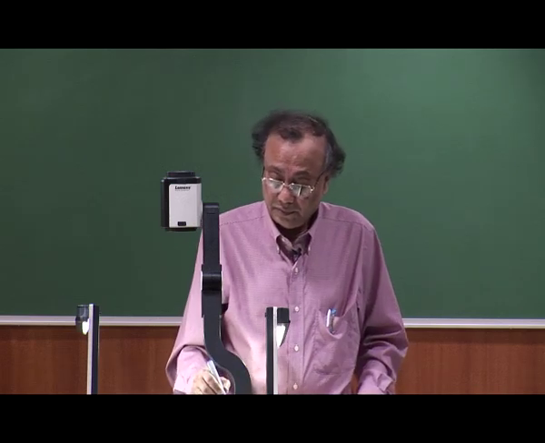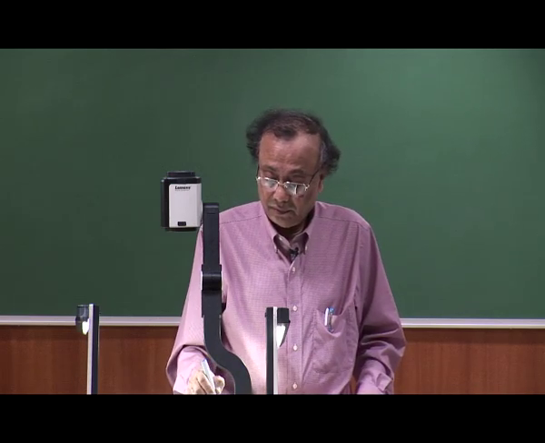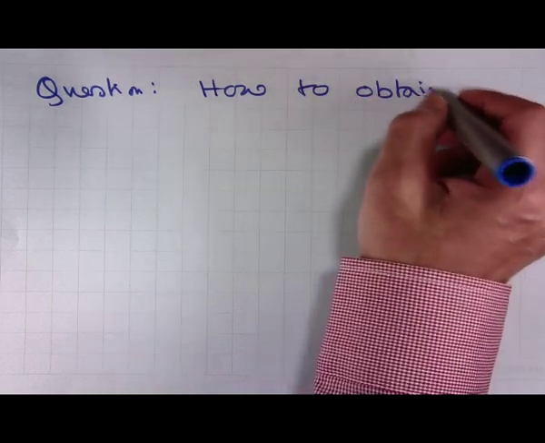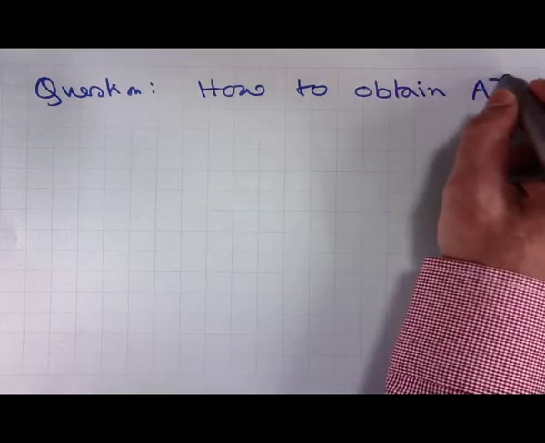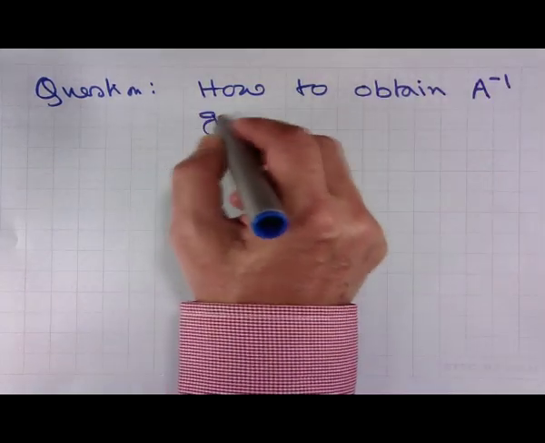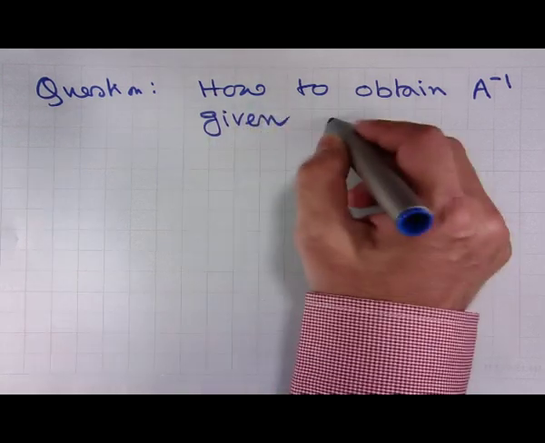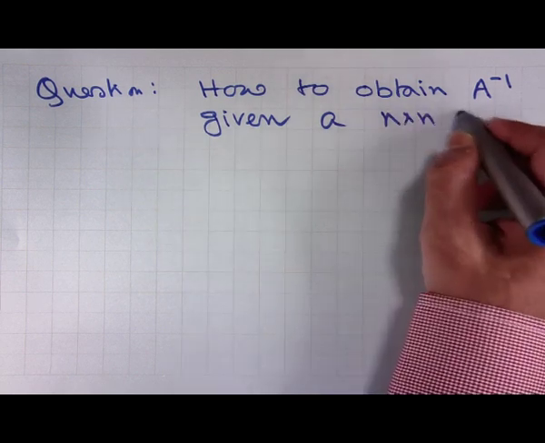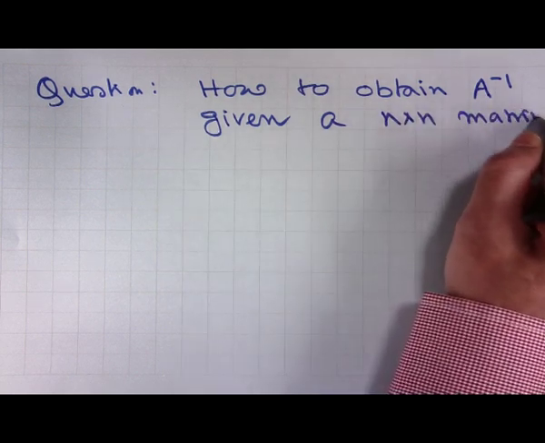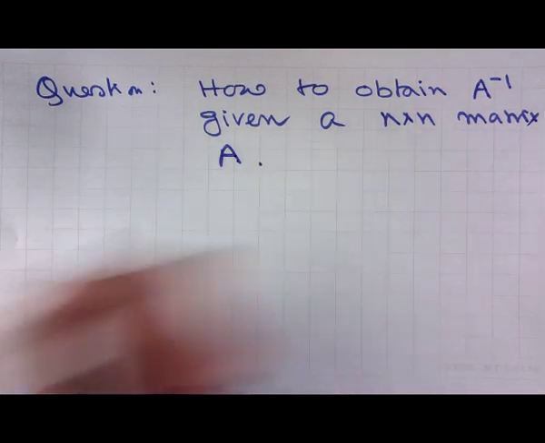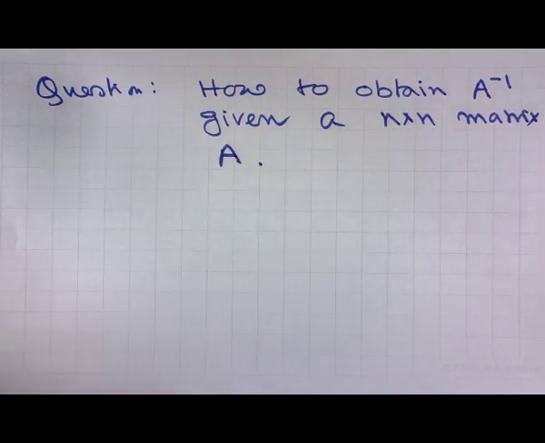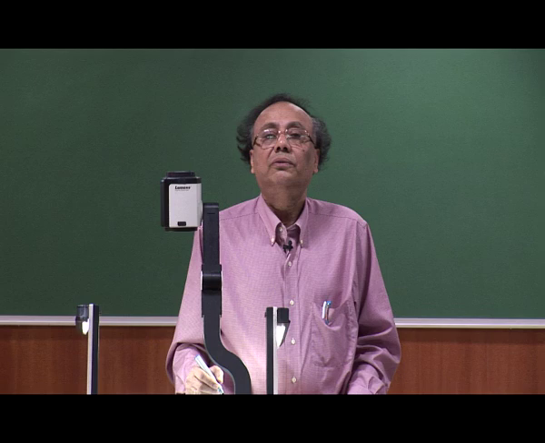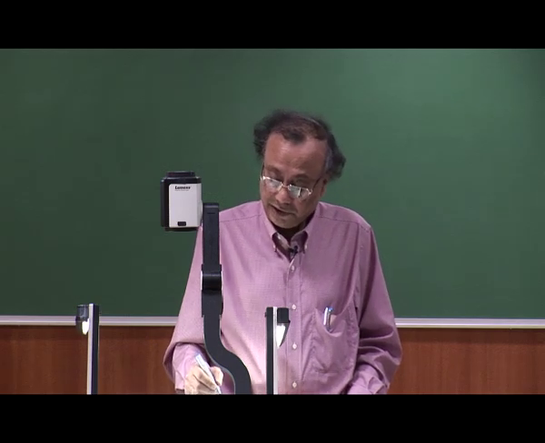The question is, how to obtain A inverse given an n cross n matrix A. In this lecture, we shall look at computing A inverse with the help of determinants.